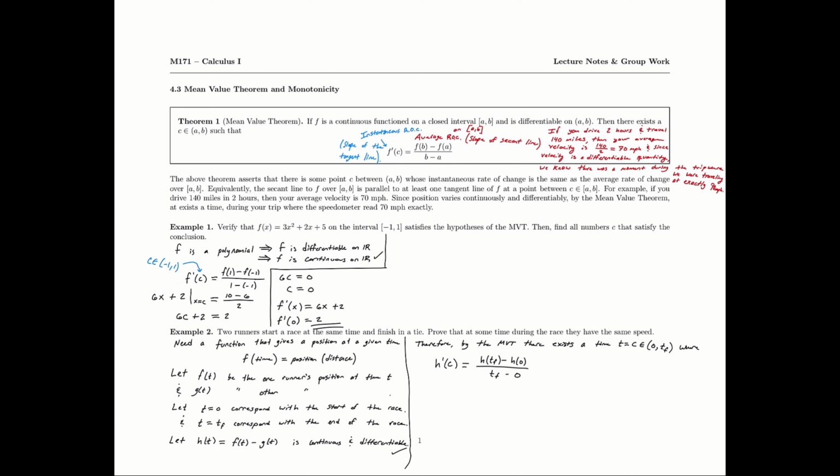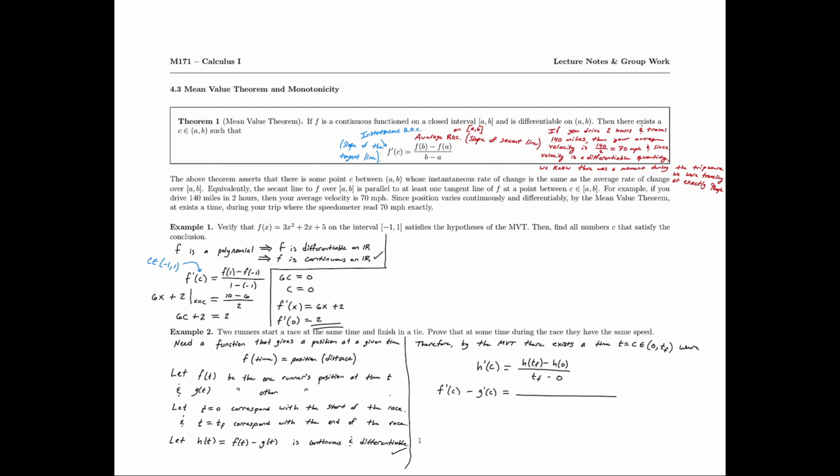Okay. So now, let's go ahead and expand this. Well, what do we know about h? Well, h is just f minus g, so this would mean the left-hand side is really f prime of c minus g prime of c.